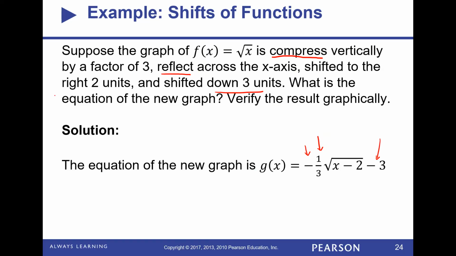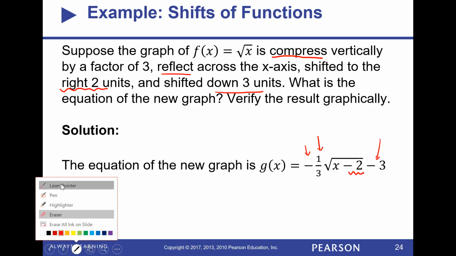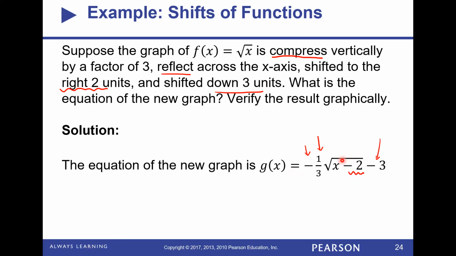Now you'll notice that when I talked about shifting to the right 2 units, that was what we called a horizontal movement. And anything that is a horizontal movement means I need to be inside the grouping symbols. Remember, anything inside the grouping symbols is the opposite of what you would think. Normally, because I'm shifting to the right, I would say plus, because that is logically what we think about.